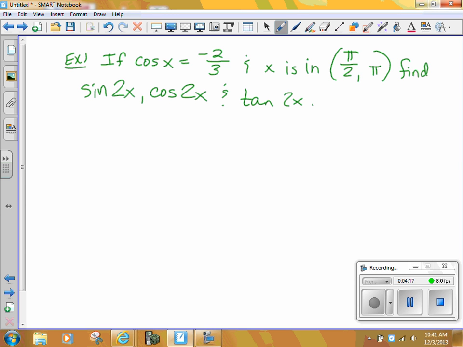Okay? If cosine of an angle is negative 2/3 and x is in the interval pi over 2 to pi, I want you to find sine of 2x, cosine of 2x, and tangent of 2x.